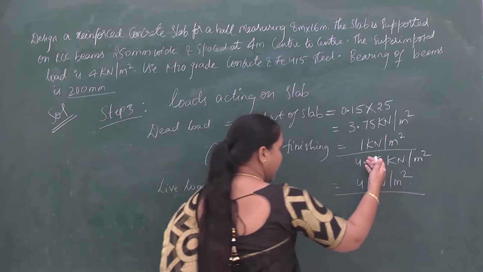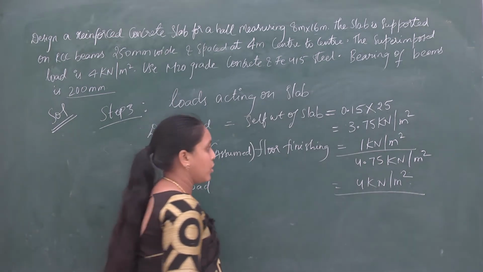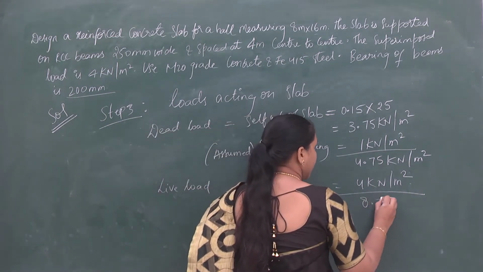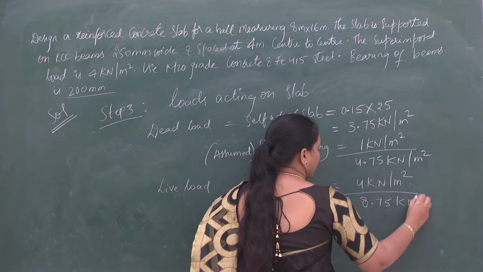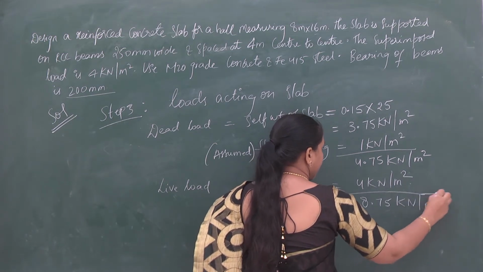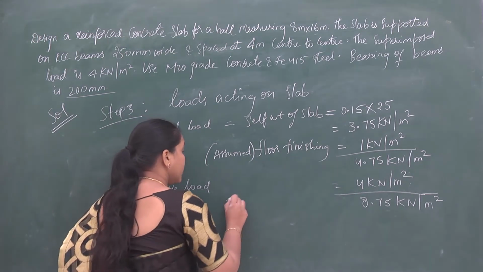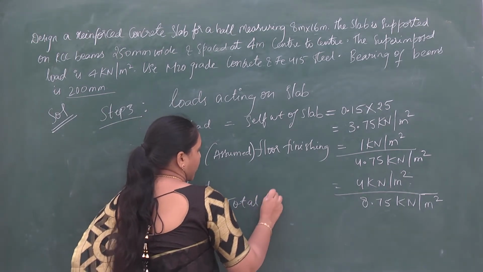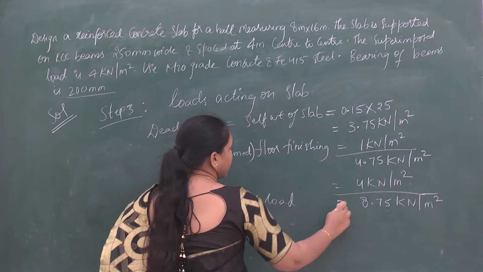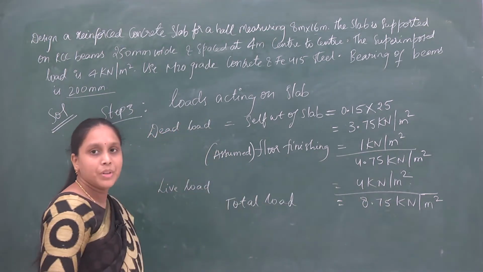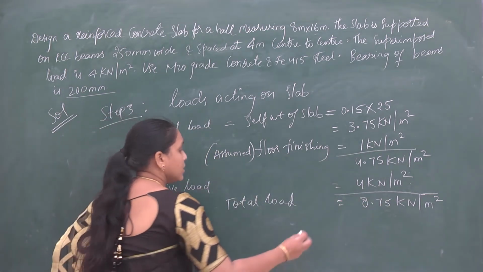The total load will be dead load plus live load. So it is 8.75 kilonewton per meter square. So the total load is 8.75 kilonewton per meter square.